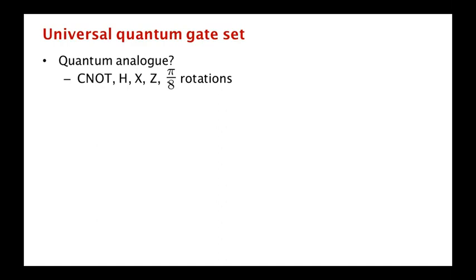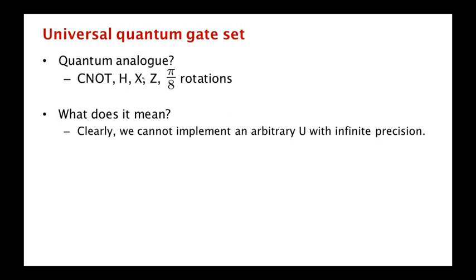Now let me say just a couple more words to make this a little more precise for those of you who are interested. What does it mean that this gate set is universal? Let's say somebody came along and said, there's this particular unitary transformation, this particular gate that I have in mind, and it's really quite magical.